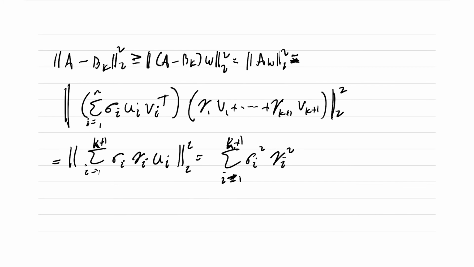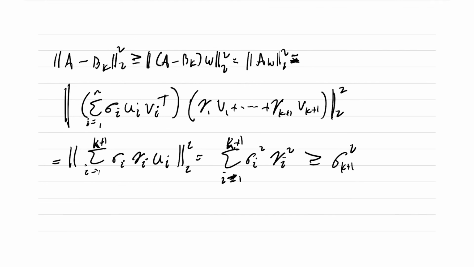Since the sum of the gamma_i squared is going to be 1, this is a weighted average of these sigma_i's, and all these sigma_i's are bigger than or equal to sigma_{k+1} squared, because all the previous ones are bigger than it.